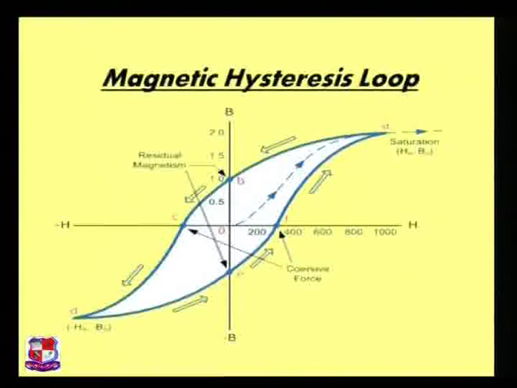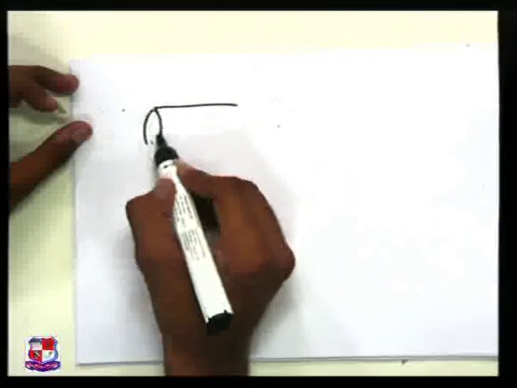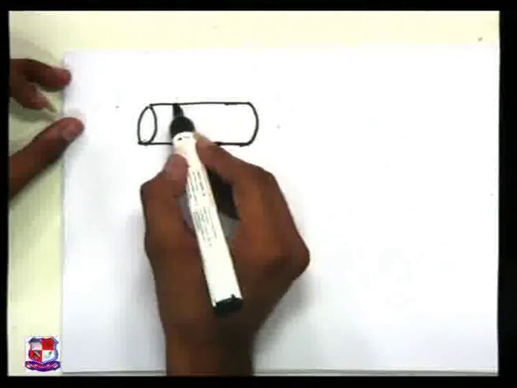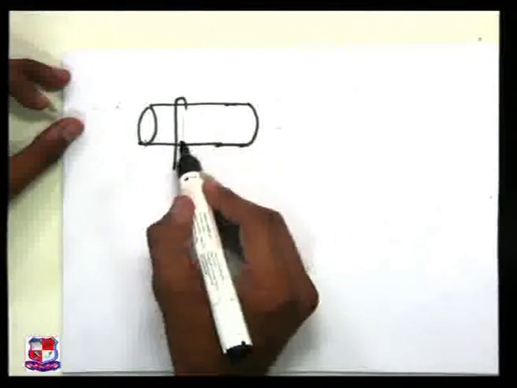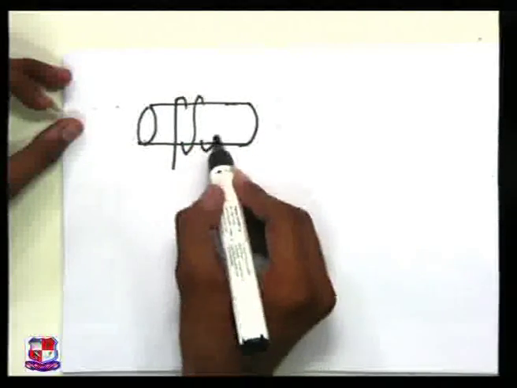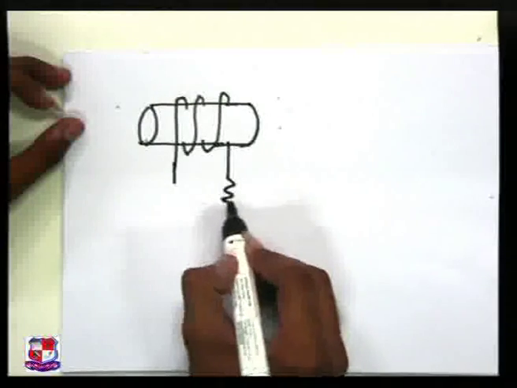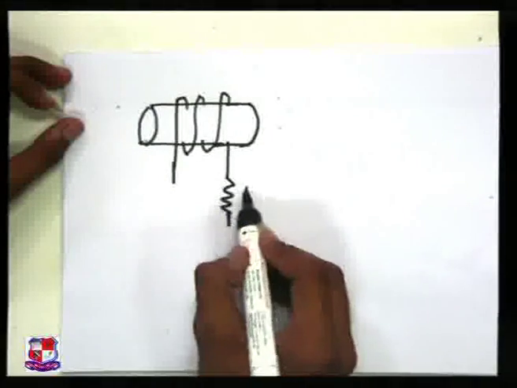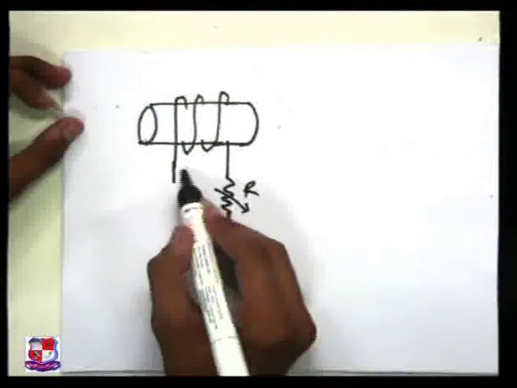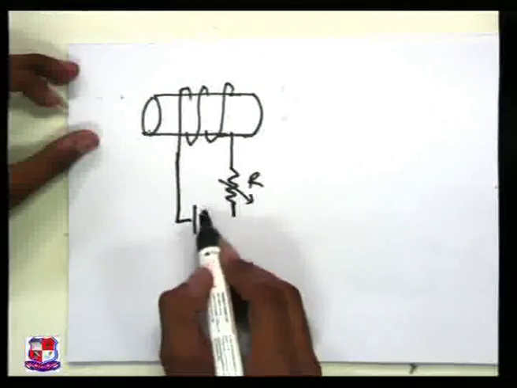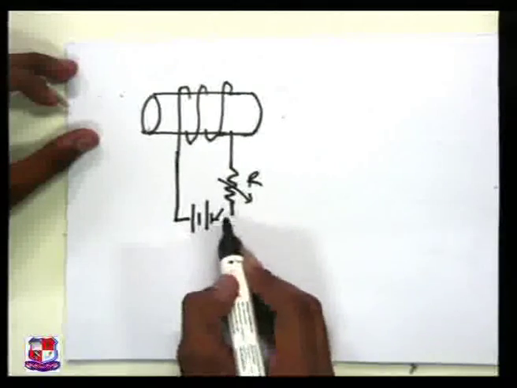Here we have an unmagnetized iron piece. A coil is wound over this unmagnetized iron piece. A rheostat is given. Supply is given and a switch is given.